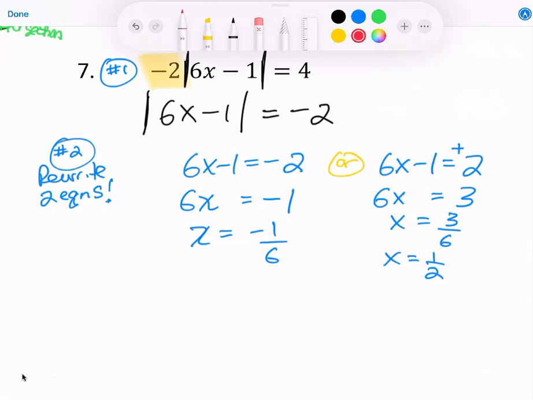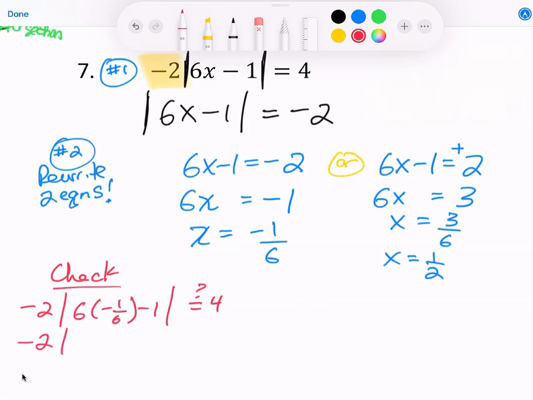Let me do my check now. I'm going to take the -2, absolute value of 6 times -1/6 minus 1. Does that equal 4? So we have -2 times the absolute value. 6 times -1/6 is -1. So we have -1 minus 1, -2 times the absolute value of -2.